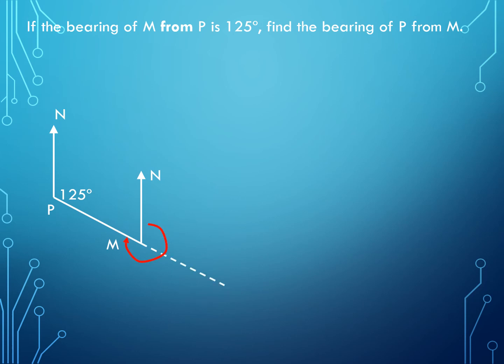Just to help with my drawing, I'm going to extend my line down a little bit. Again, if we tilt our head slightly to the left, we can see this F shape that we are looking for. Now that I've got that F shape, I know that that bit missing on the top is 125 degrees. I know that the straight line is 180 degrees, and so my red angle that's missing is going to be 180 plus 125, and that is 305 degrees altogether.